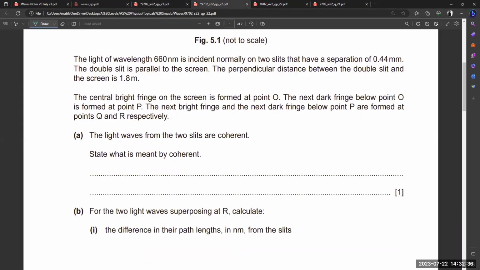So you just need to write the same thing over here. Two sources are coherent if they have the same frequency and constant phase difference, right?